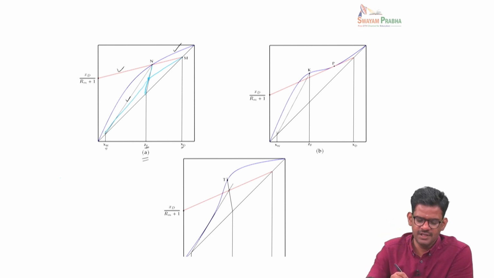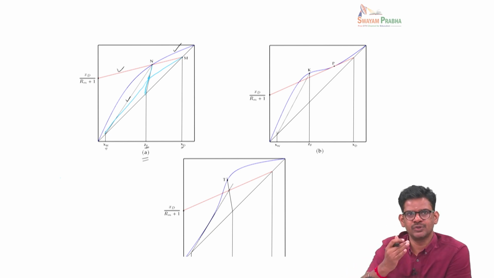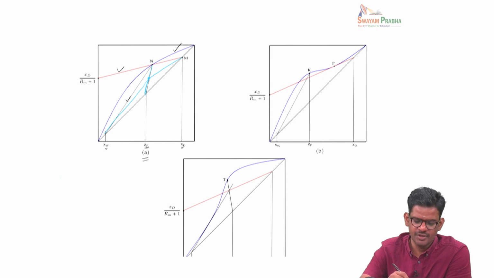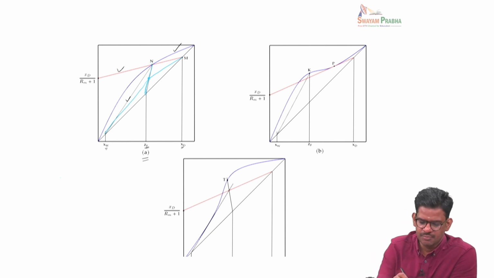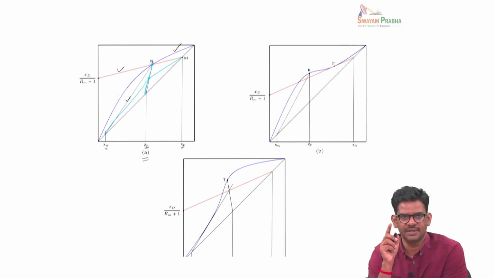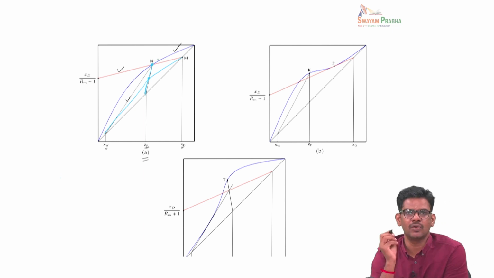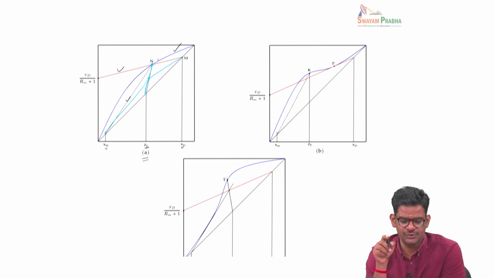Now if we decrease the reflux ratio, the slope also decreases, and you can keep on decreasing it all the way to the point N. At point N we have an intersection of the equilibrium line, the Q line, and the enriching operating line.